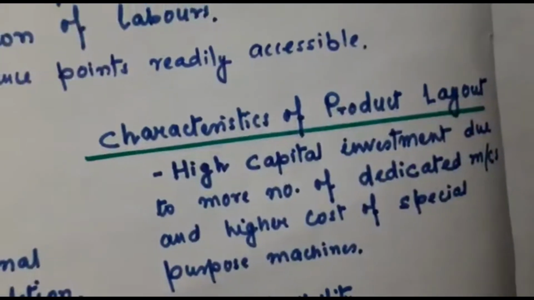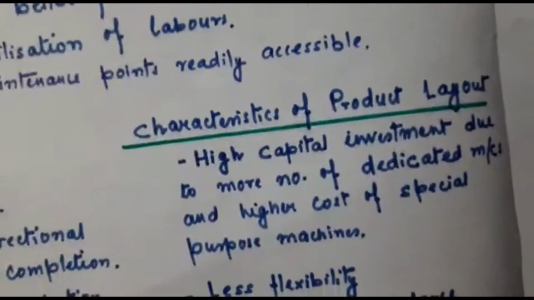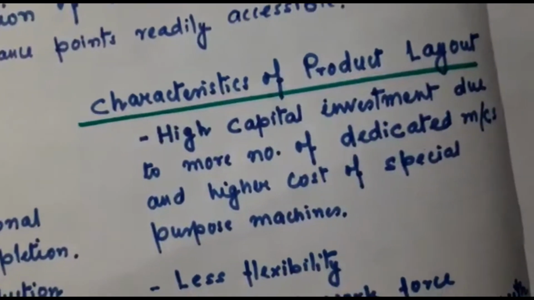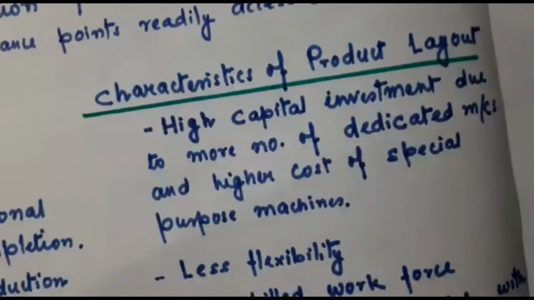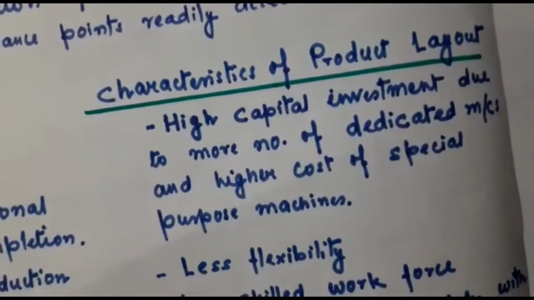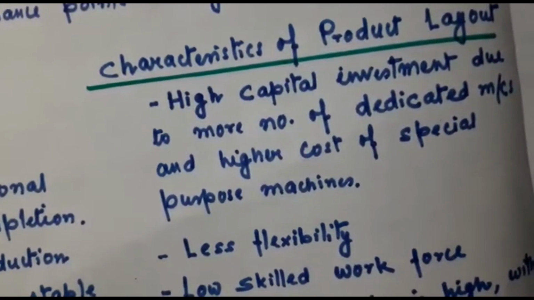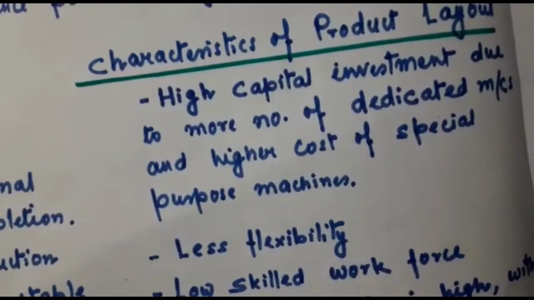Now let's see the characteristics of product layout. The first is it involves high capital investment. Why high capital investment? Because we need more number of dedicated machines and high cost of special purpose machines are required, and each of these dedicated machines are used to produce a particular product line, right?